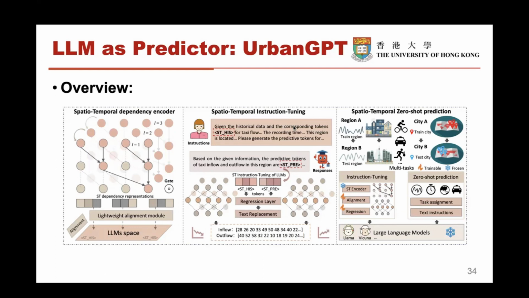We also use the corresponding text data, such as the POI data of different regions in the city, together with the spatial temporal data. And we observed some very interesting phenomena such as zero-shot ability.